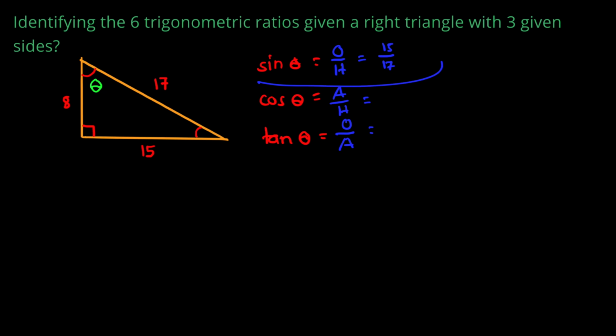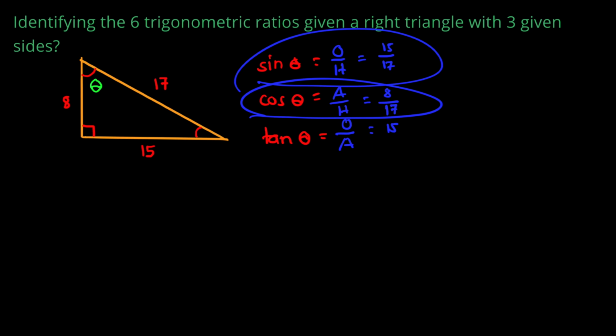So the answer is 15 over 17. So for cosine of theta, adjacent is 8, that's near to the angle, over the hypotenuse of 17, so that should be 8 over 17. While tangent of angle theta is opposite 15 over adjacent, that's 8, so tangent of theta is 15 over 8.